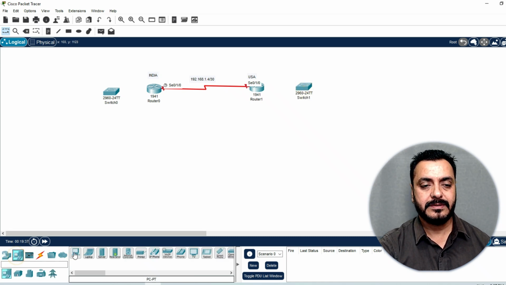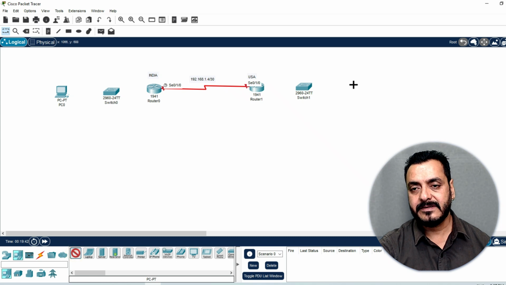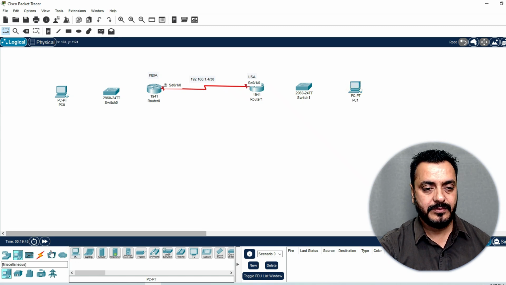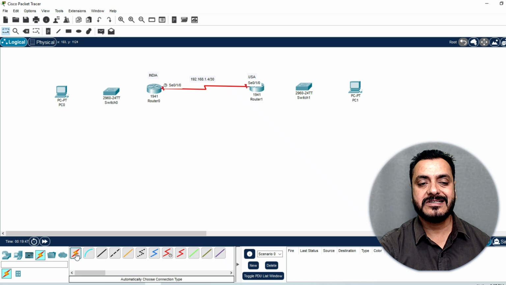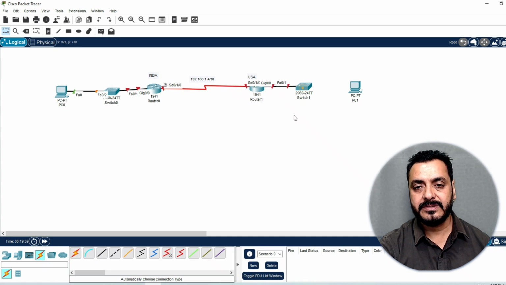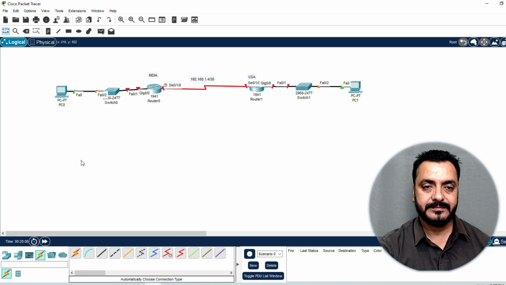Then we have to use the end devices in this fashion. Now we have to make physical connections between router and switch, then between switch and end devices, then here again router to switch, then layer 2 switch to end device.